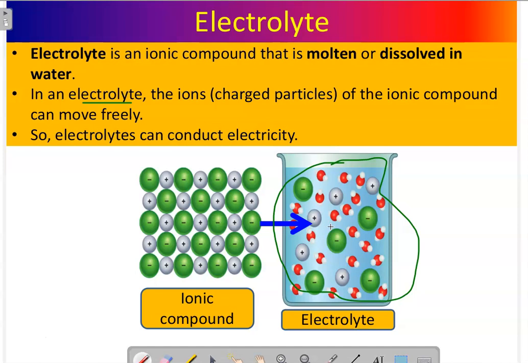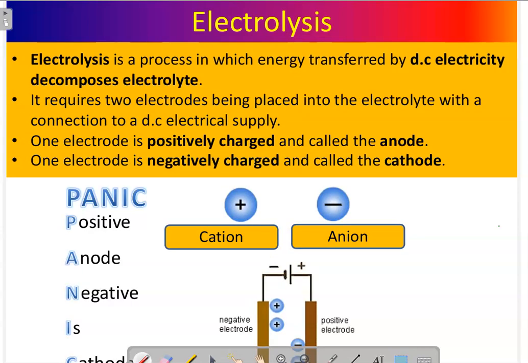Remember, we are saying that electrolytes are ionic compounds that are molten, in other words, melted, or dissolved in water. And so an electrolyte can conduct electricity. Now, therefore, what is electrolysis?